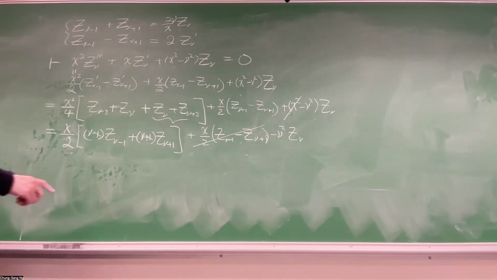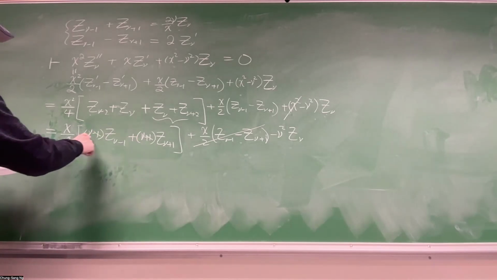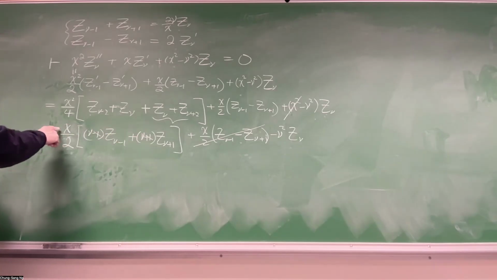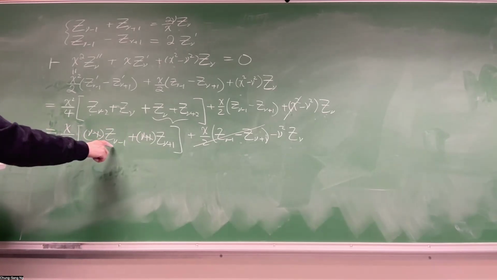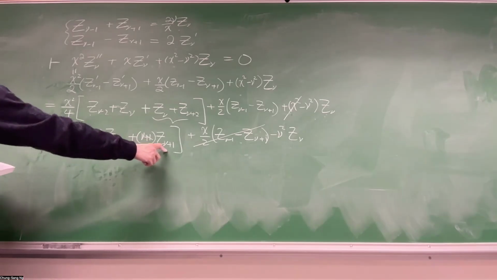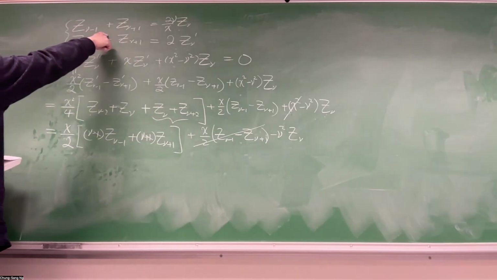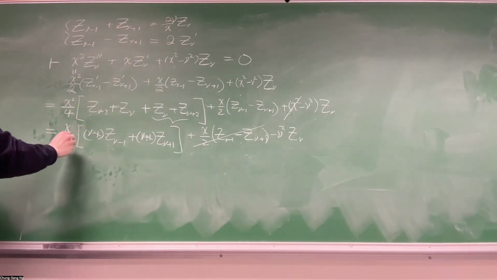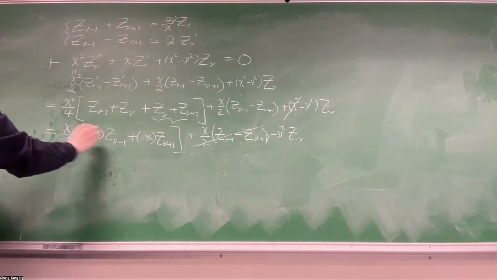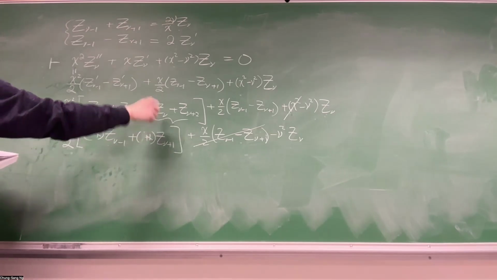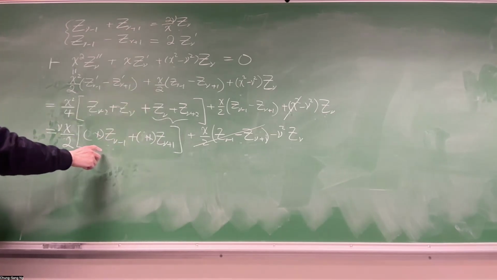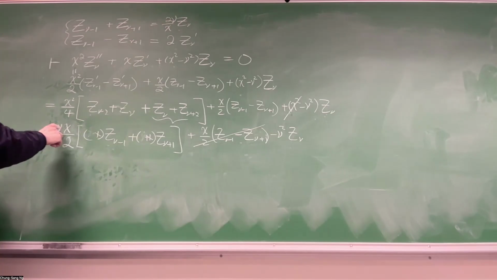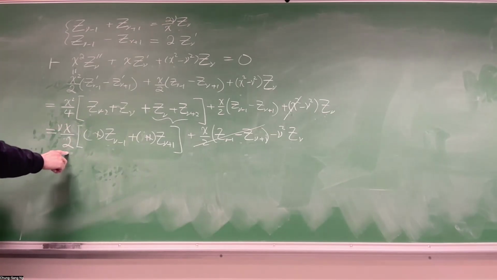Okay, now there's a common nu you can take out, and this becomes z nu minus 1 plus z nu plus 1, which is exactly this one, and gives you 2 nu over x. So you first take the nu out, and the rest is 2 nu over x. 2 nu over x multiplied by x over 2 becomes nu squared.